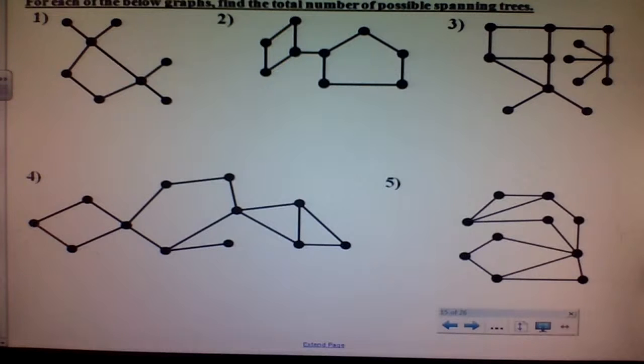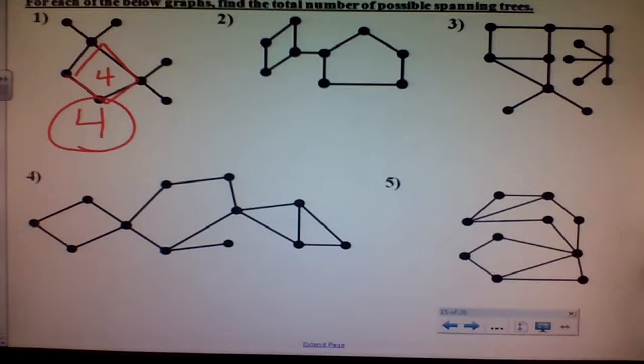How many circuits are in graph 1? 1. When you have 1 circuit, count your edges in that circuit, you're done. So, I have a circuit here, and it's 4. So that's 4 spanning trees. You're done.